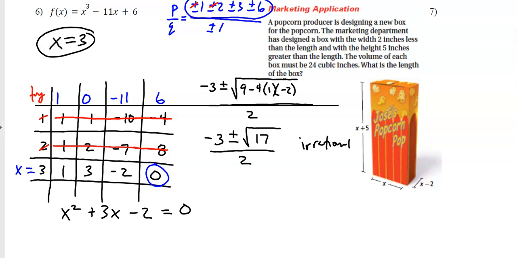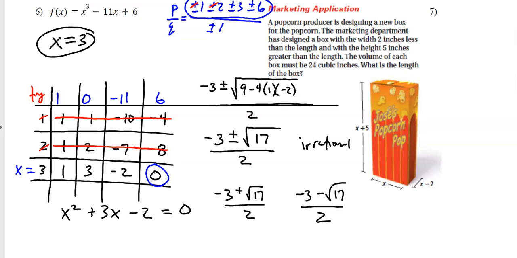So my other two zeros, we don't really need them because it said find the rational zeros. But my other two zeros would be negative 3 plus the square root of 17 over 2 and negative 3 minus the square root of 17 over 2, which are both going to be decimals. I could crank that out if I find a calculator here.